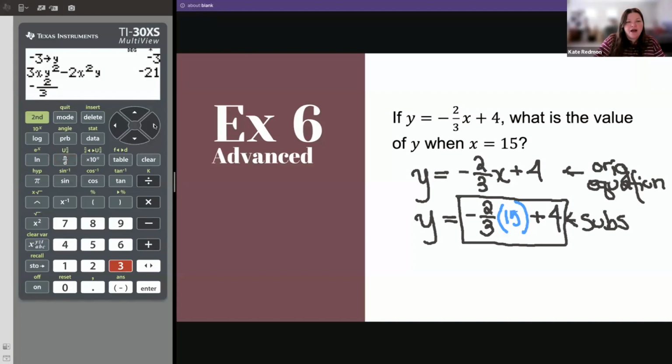Again, make sure you arrow out of the fraction before typing times 15, and then we will add 4. And we see -6. Now I know the value of y. Y is -6 when x is 15. And we will use that skill over and over again when we talk about slope and lines. We'll find y when we know x.